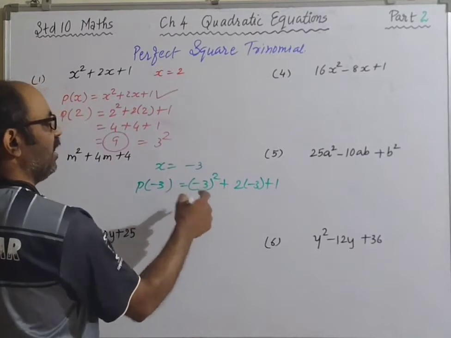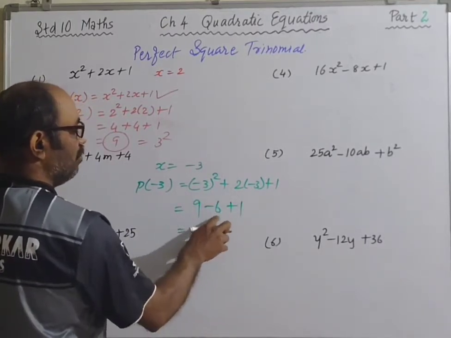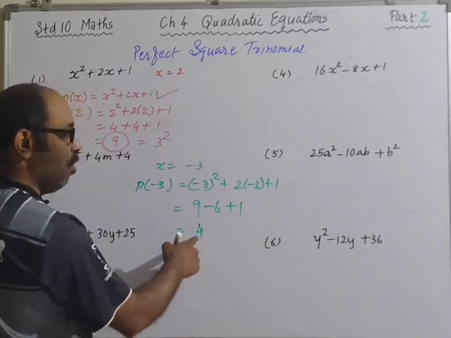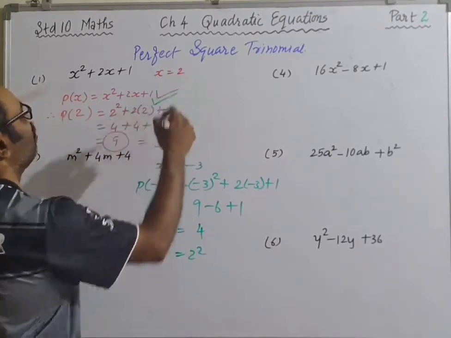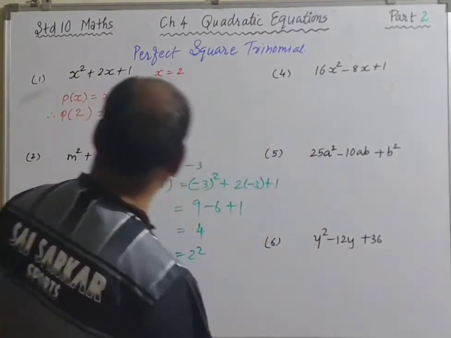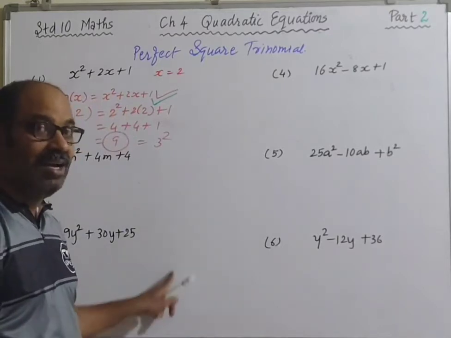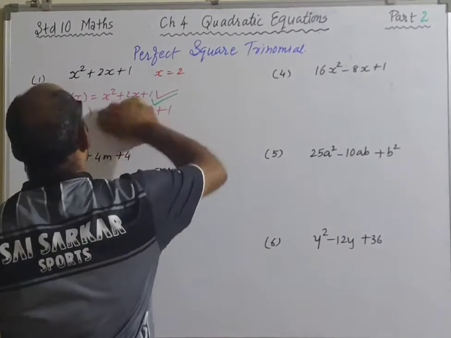That is plus 9 minus 6 plus 1. 9 minus 6 is 3, 3 plus 1 is 4. Oh, that value is a perfect square. That means this trinomial is a perfect square. Take any value, children, any value you like. Yes, take such a value so that the value of the polynomial is not negative. Alright?